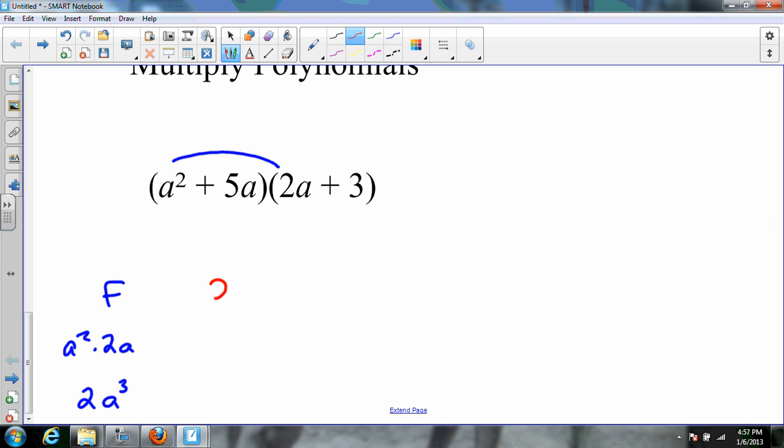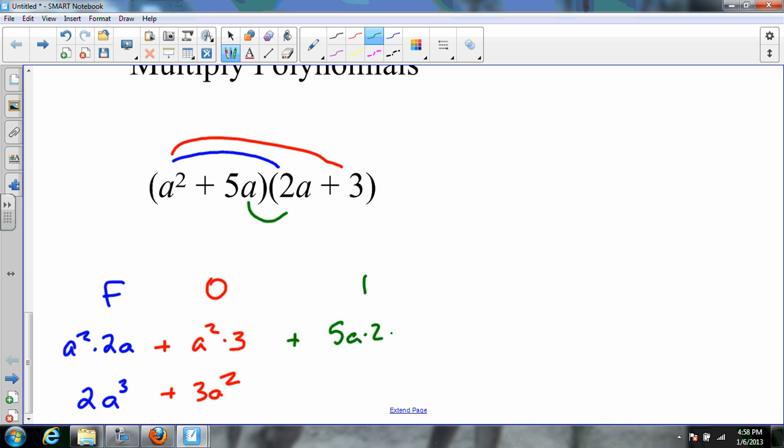O is for outside, so we're going to add to it a squared times 3, which goes to 3a squared. I stands for inside, so we're going to add to it 5a times 2a, and we get 10a squared.